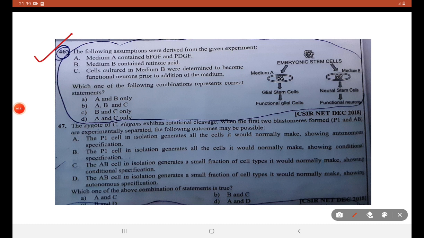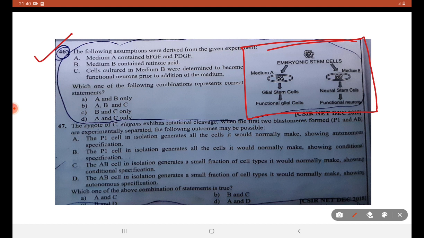Now, 46th question regarding paracrine signaling. Consider this diagram. This diagram is present in the question. Following are the assumptions derived from the given statement. Medium A contains FGF and PDGF. Medium B contains retinoic acid.